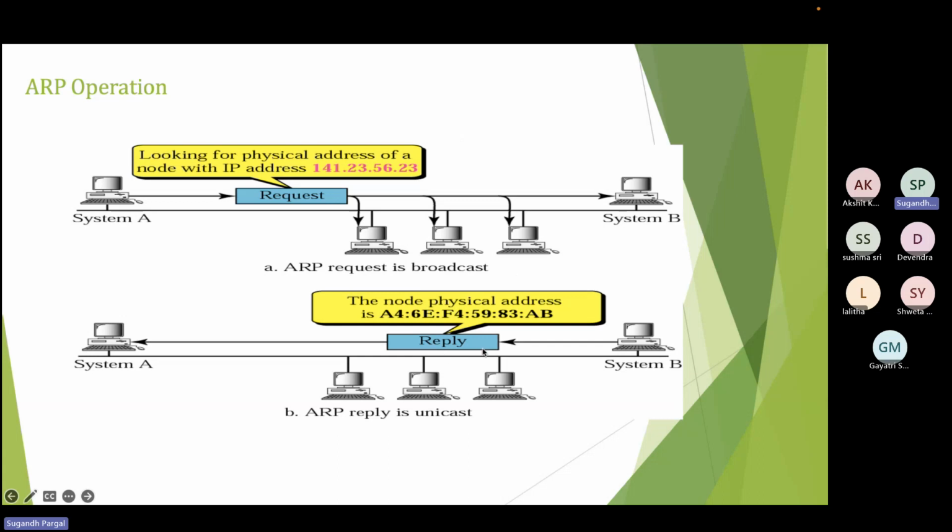Finally, when the system retrieves the physical address, it gives the reply back to system A as a unicast message. So ARP request is a broadcast and ARP reply is a unicast.